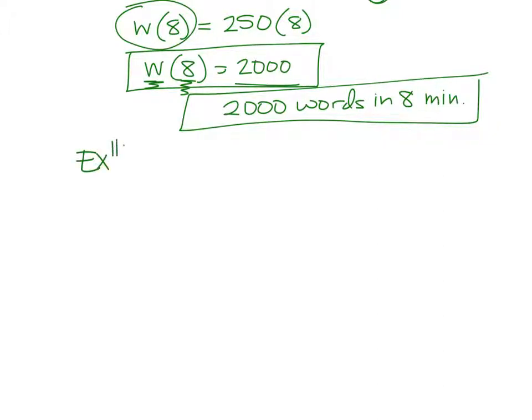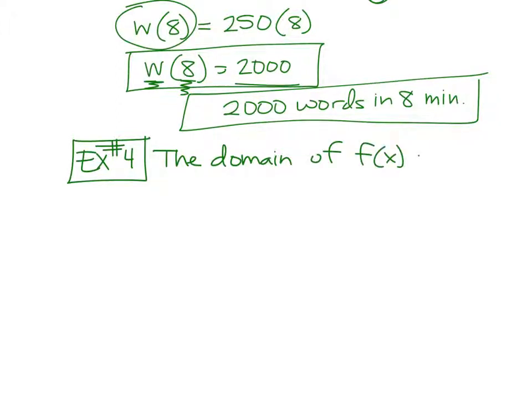This is example 4. And it says the domain, which is which letter? X. So the domain of f of x equals negative 1.5x plus 4 is, and here's your brackets because this is a domain, 1, 2, 3, 4.